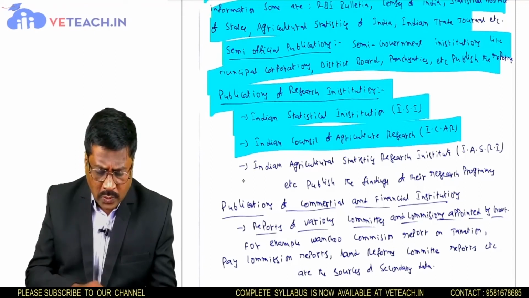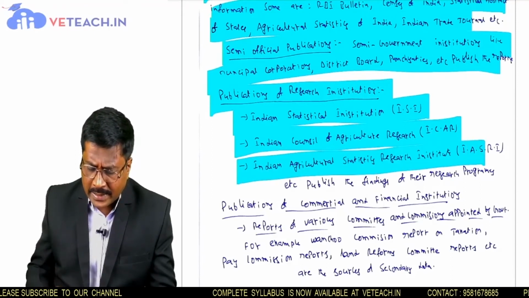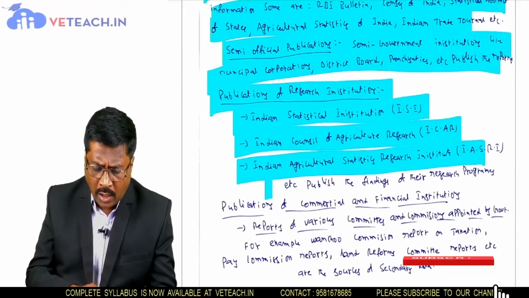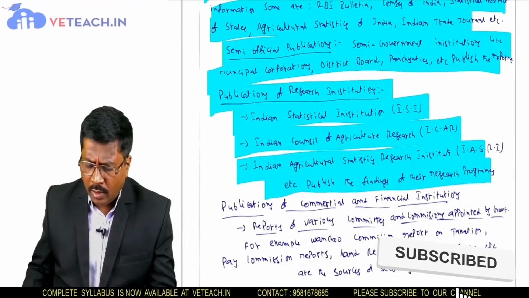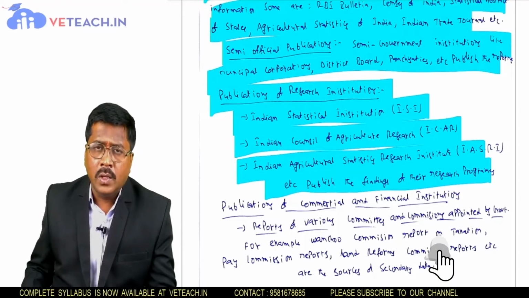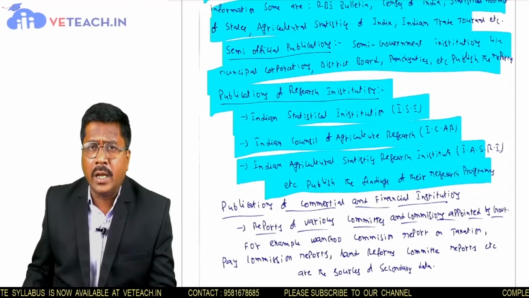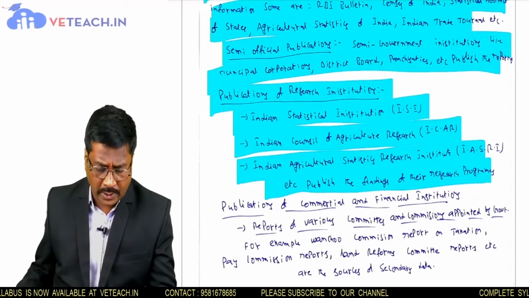Also the Indian Agricultural Statistics Research Institute, IASRI, and others publish the findings of their research programs. They regularly publish data, so we can collect it for our research purposes.